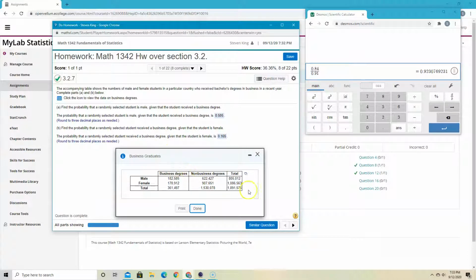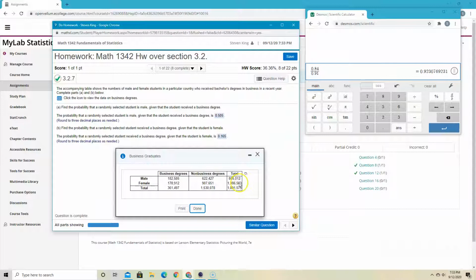Okay, well, let's look at the table and familiarize ourselves with it. So this column is the business degree numbers, and this is the non-business degree numbers in this particular country, and they're probably made up numbers, but that's okay. And then if you look on the row, there's 2 rows: male students in this country in a recent year, female students in the same country in the same recent year.